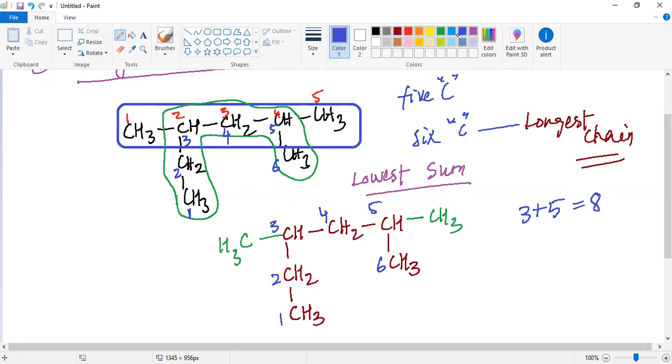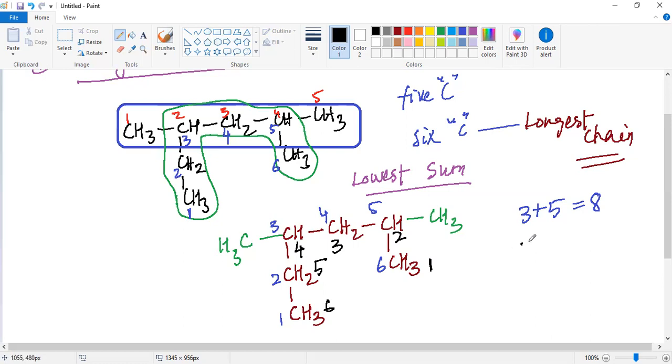Now suppose, my dear students, I give numbering according to this black color. If I start numbering from here, this is 1st carbon, this is 2nd carbon, this is 3rd carbon, this is 4th carbon, this is 5th carbon, and this is 6th carbon. So according to the black color, we have the branches on 2nd carbon as well as on the 4th carbon.